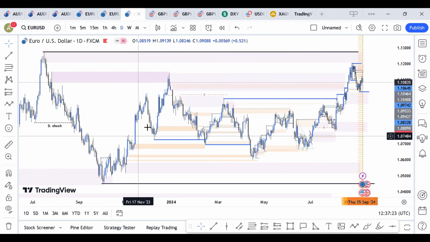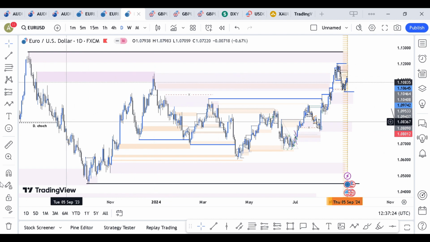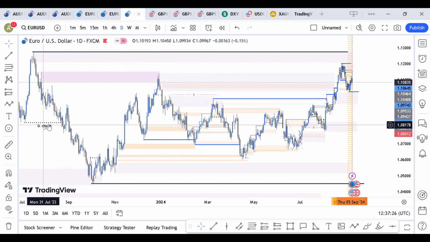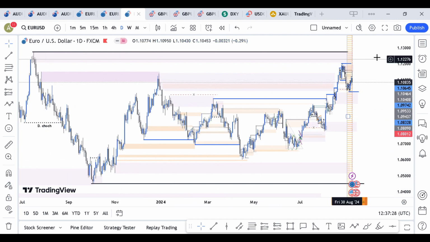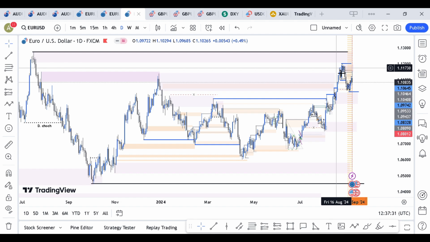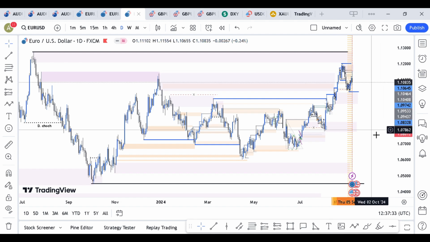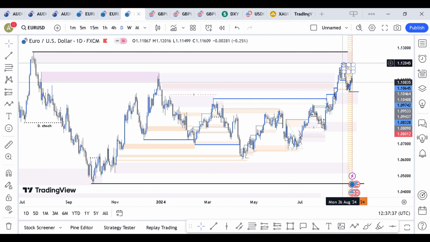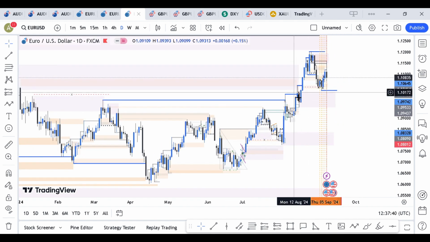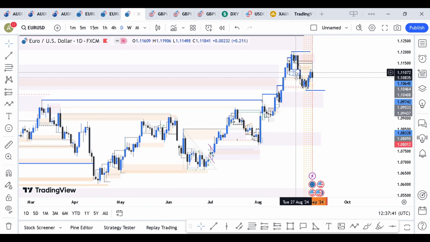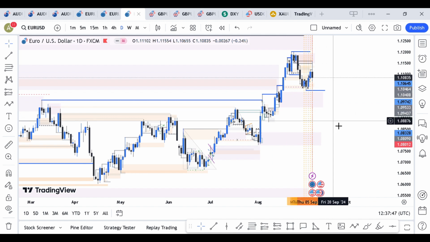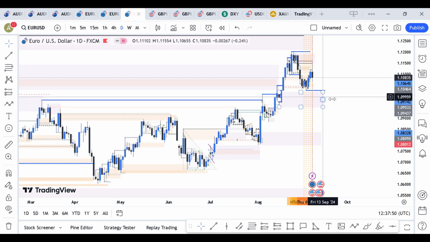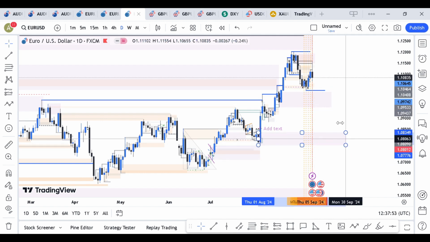So Euro USD, obviously we had a change of character right there on the daily. Then price pulled back to this extreme. It actually didn't touch it, but somehow this kind of reaction of change of character to the downside gives us a little bit of a clue that we could be starting a pullback and also mitigating to this demand, or maybe this demand down here.